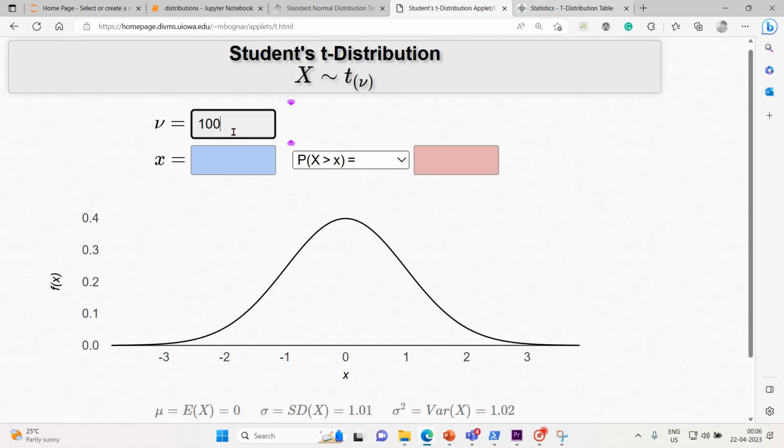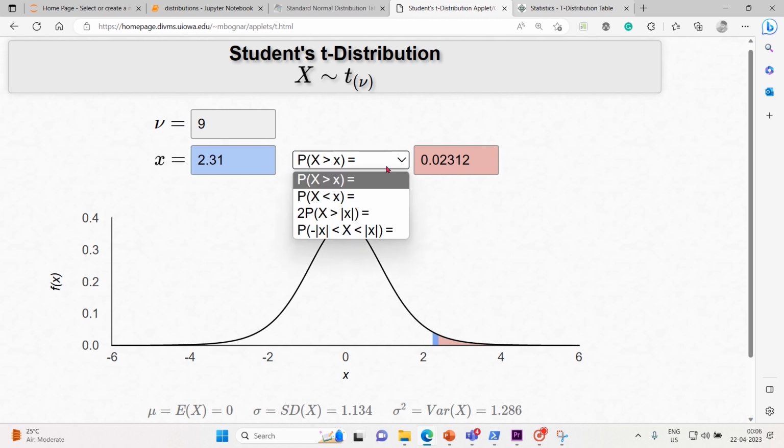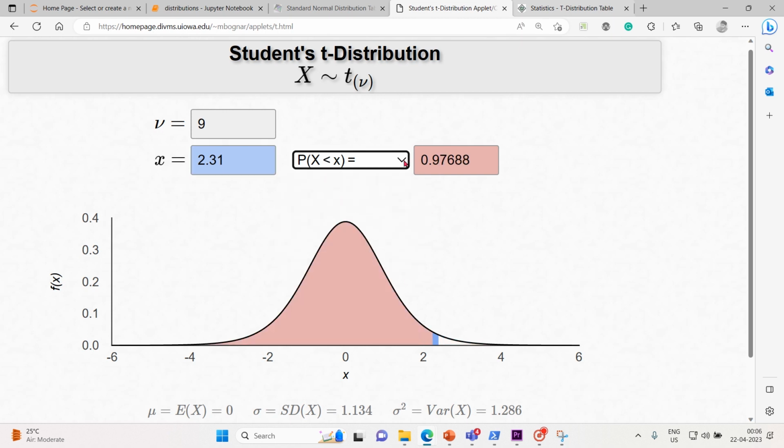So here let us take 9 and 2.31 and execute. So this is the portion I got. The probability is this one, from here to here, 0.97.